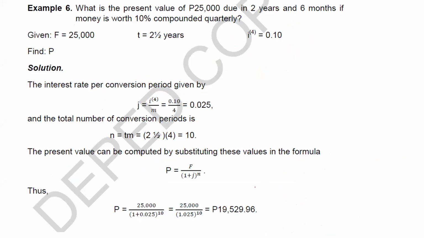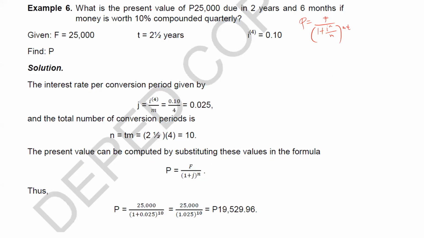Okay. So what is the present value? P is still what we are looking for. The formula for P is equal to F over 1 plus i to the m, all over m, raised to mt. Correct? Okay. So let us identify the given.